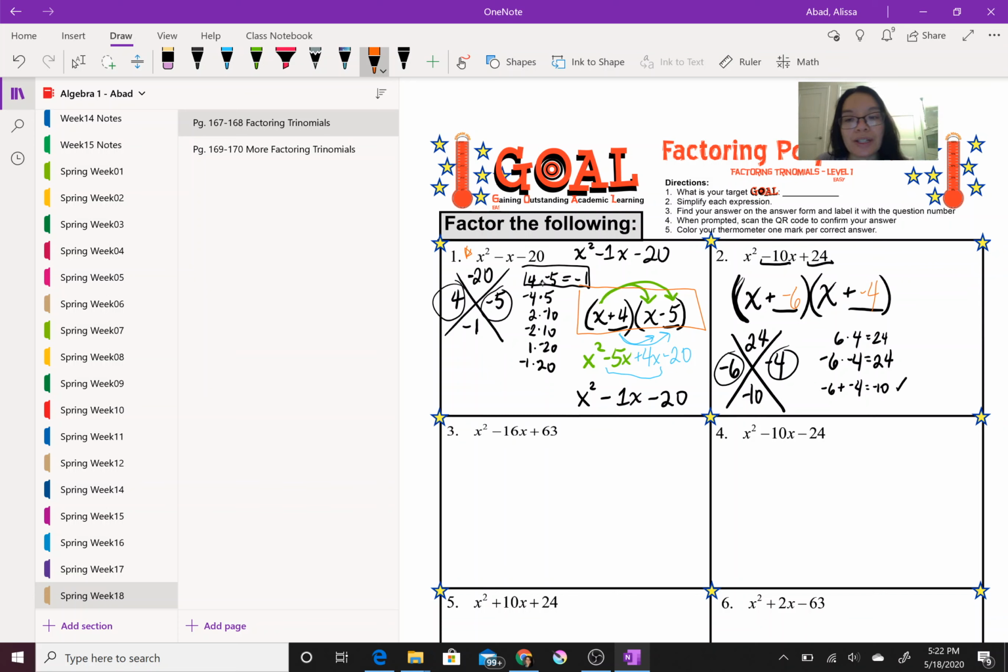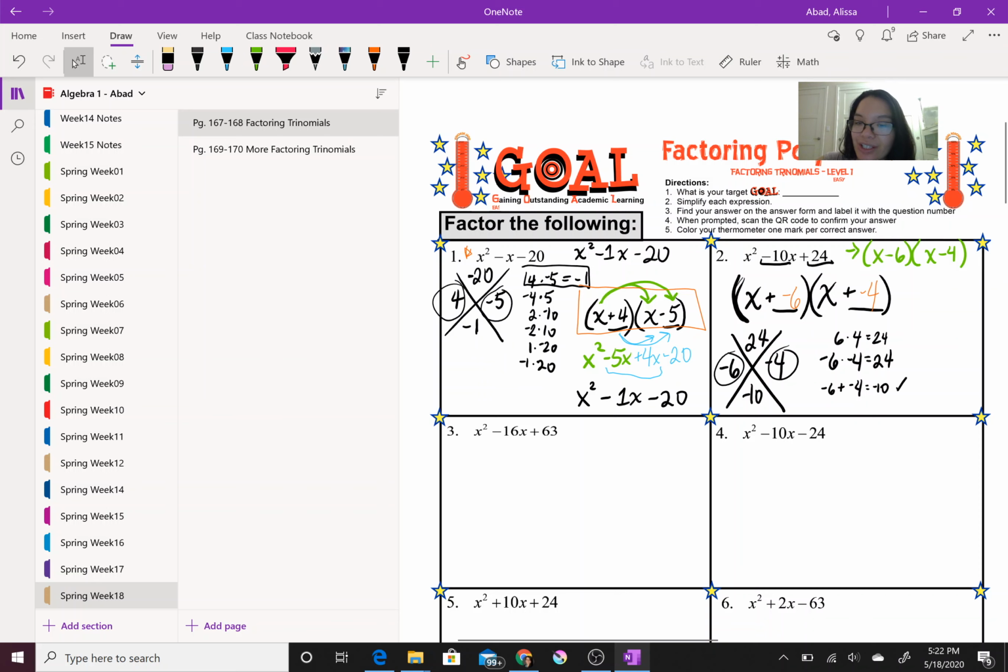So my final factored form is x plus negative 6 times, parentheses, x plus negative 4. Another way of writing that is x minus 6 times x minus 4. That's my factored form.